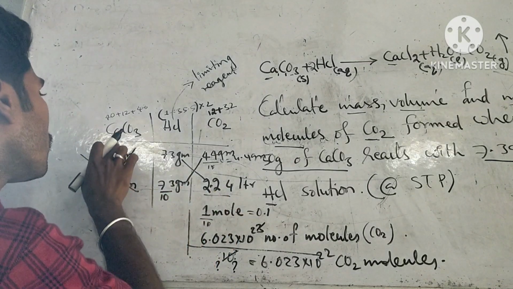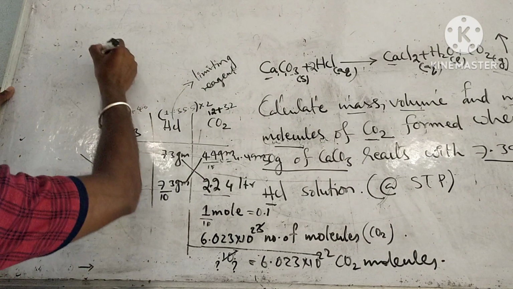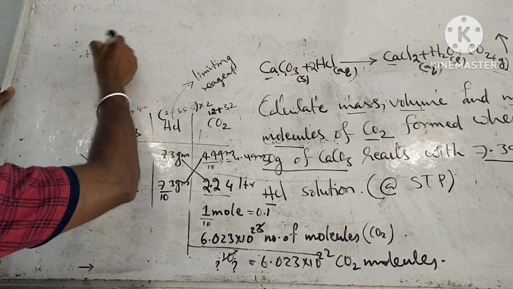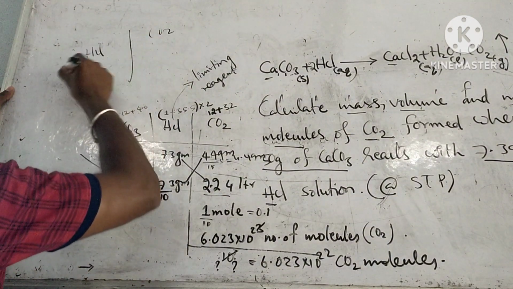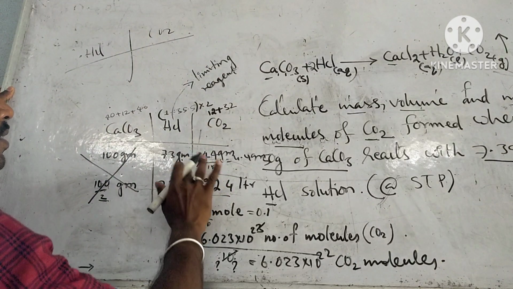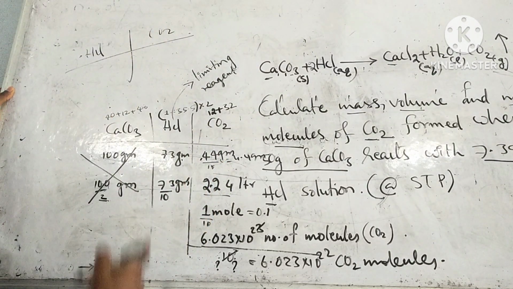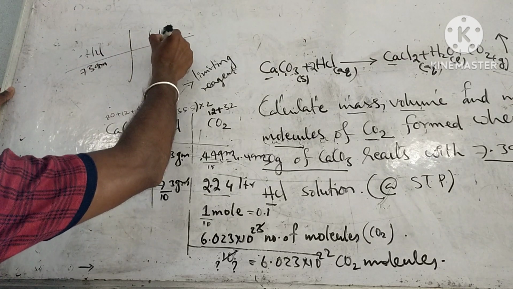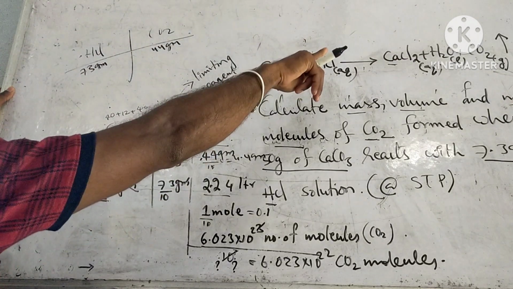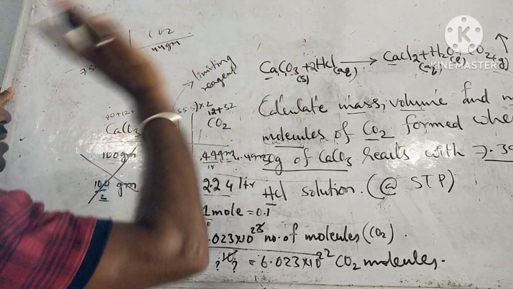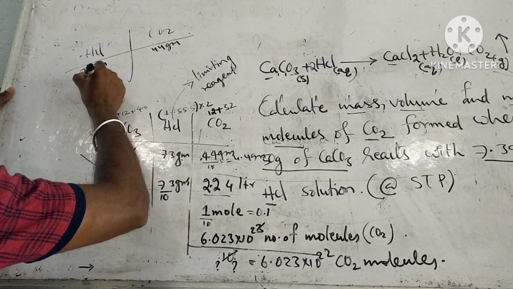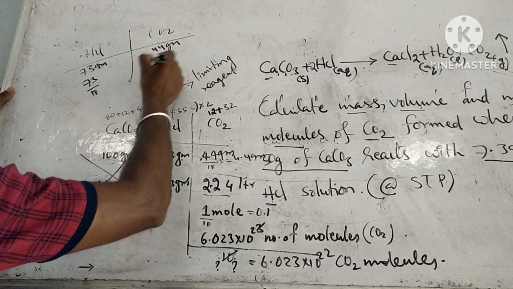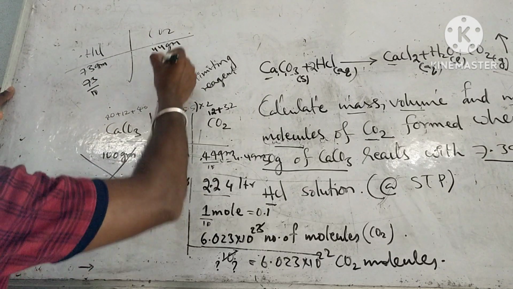If I take 100 grams, I'll just take here a new table, HCl and CO2. If I take 73 grams of HCl, I can get 44 grams of CO2. We know that. If I take 73 by 10, how much mass of carbon dioxide can I get?